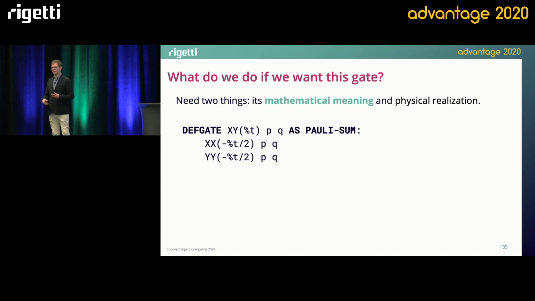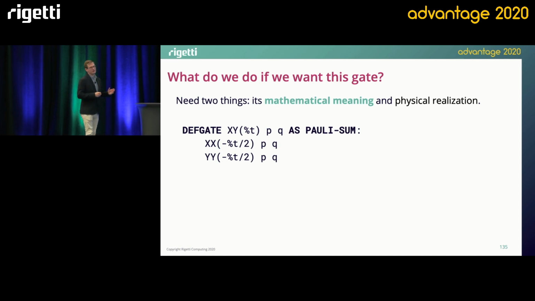When we write a program, we have to assign mathematical semantics to this thing called XY. And we do that by defining a gate. In fact, we're using this def gate as polysum feature of Quil from earlier. We literally just write out the equation, and it's just an XX plus YY interaction. We decide that we have these little factors in there. It would be just as good if we didn't have that negative 1/2 factor in there.